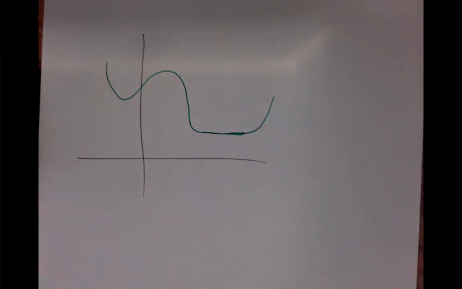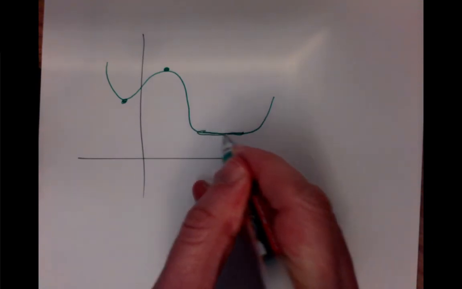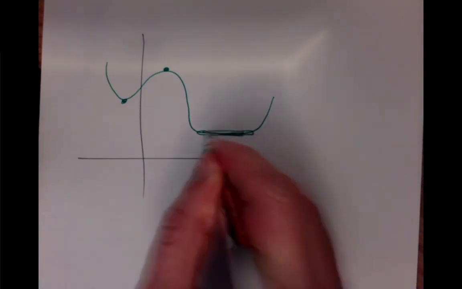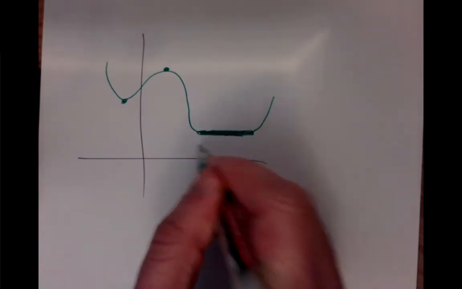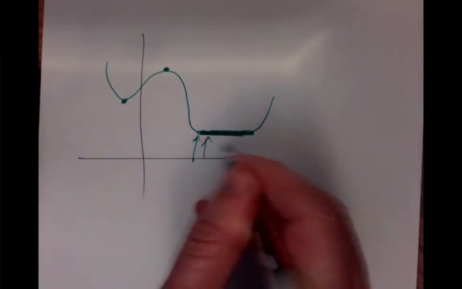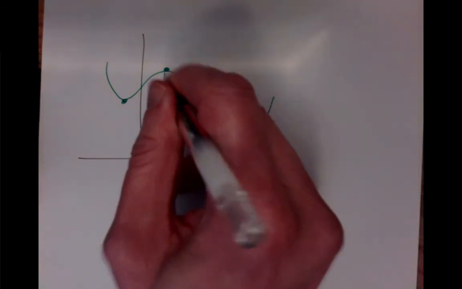Now we have to look for critical points and critical values. Critical points are where the derivative is 0. The derivative is certainly 0 here and here. But it's also 0 all over this stuff where it's flat. That whole region, those are all critical points. So the critical points are this entire region here, and then this one is a critical point.